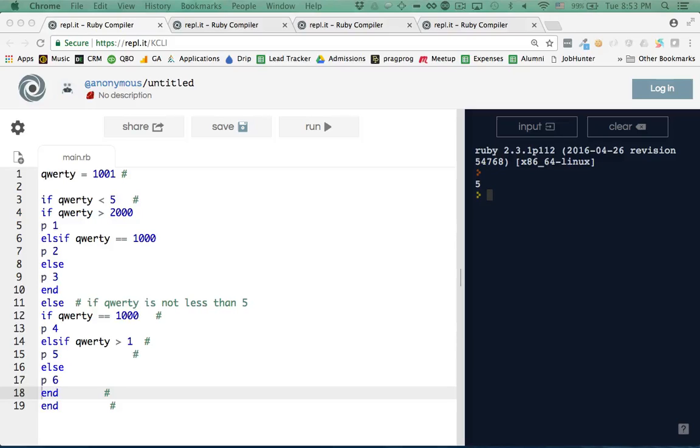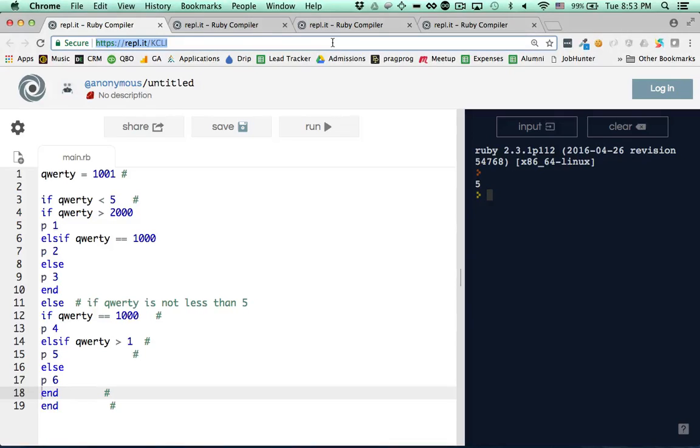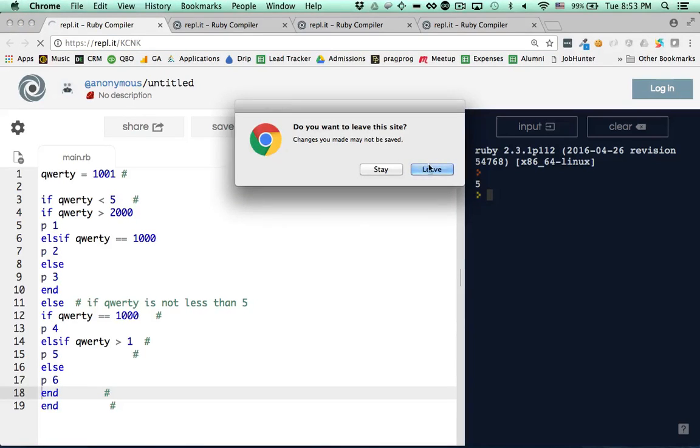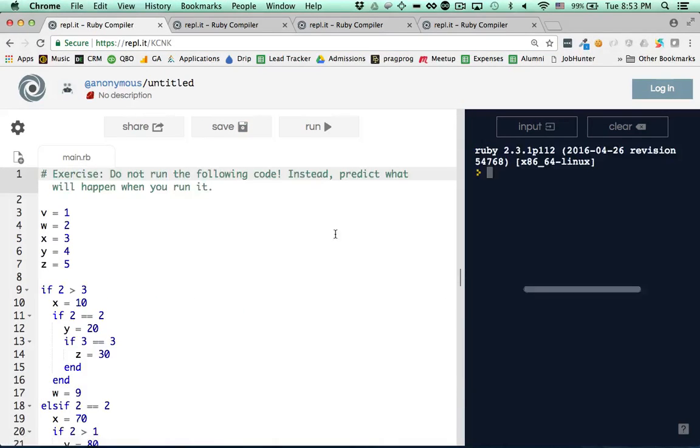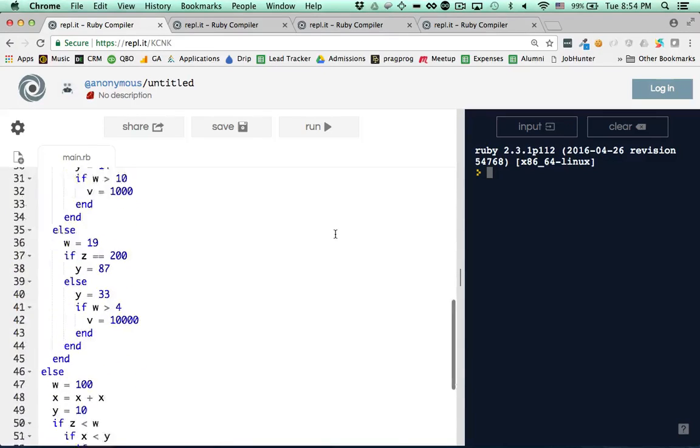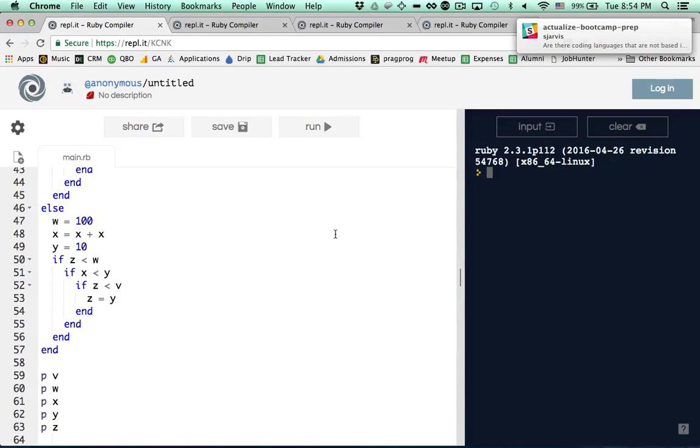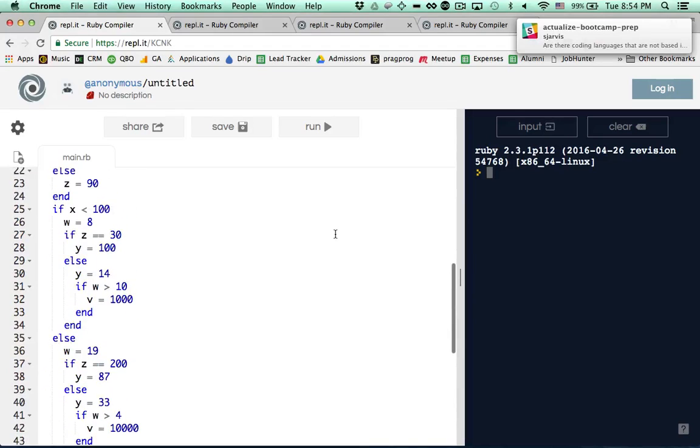Again, I encourage you to use the comment signs to help you reason about it and figure out which lines Ruby actually executes. Oh my gosh. How did I even make this?